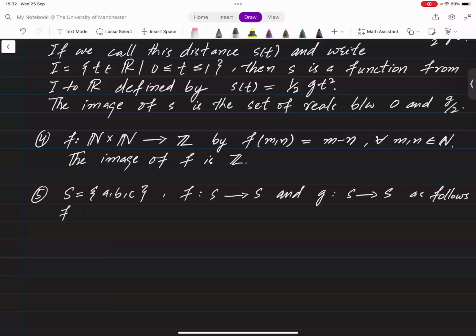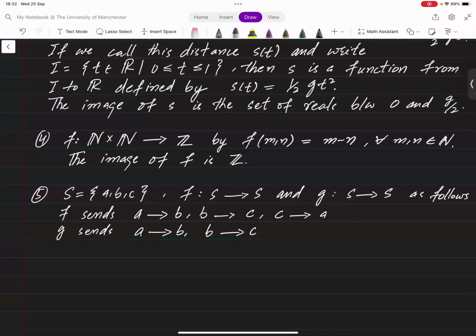So f sends a to b, b to c, and c to a. g sends a to b, b to c, and c to b.